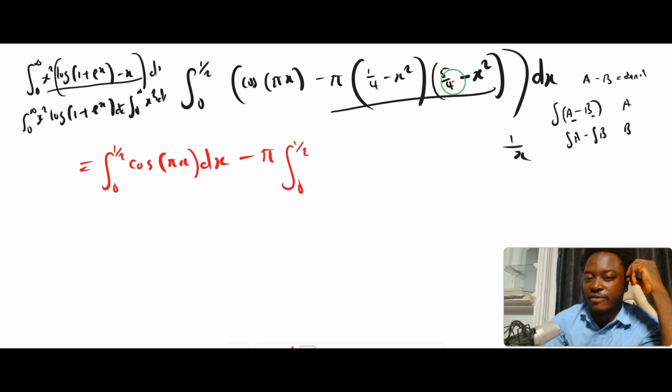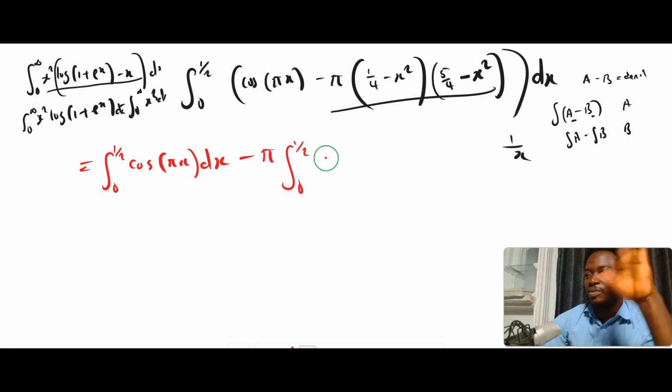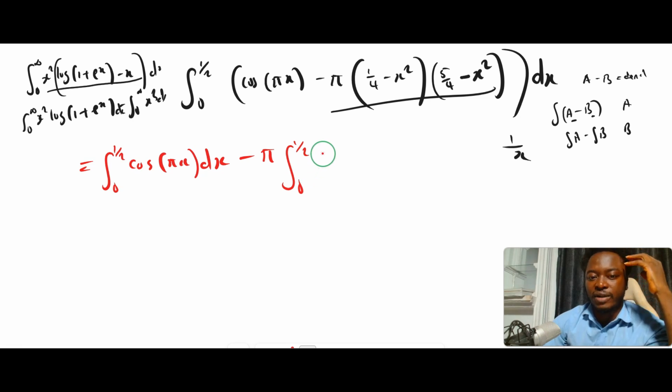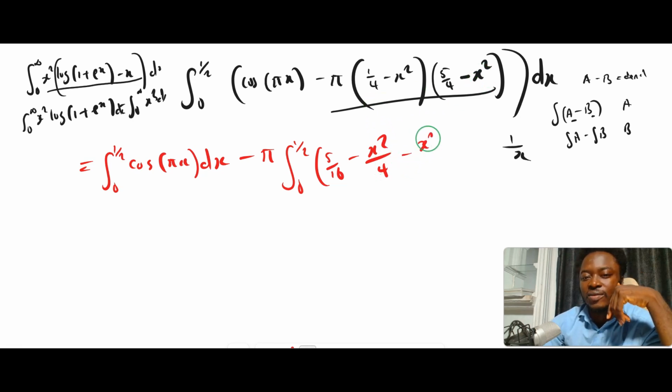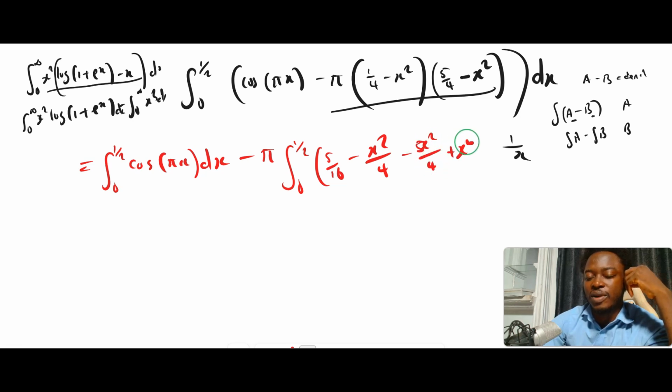You have to do 1 over 4 times 5 over 4, which is going to be 5 over 16. 1 over 4 times this, you have minus x squared over 4, then minus 5x squared over 4 as well, then plus x to the 4th power. So you have dx.